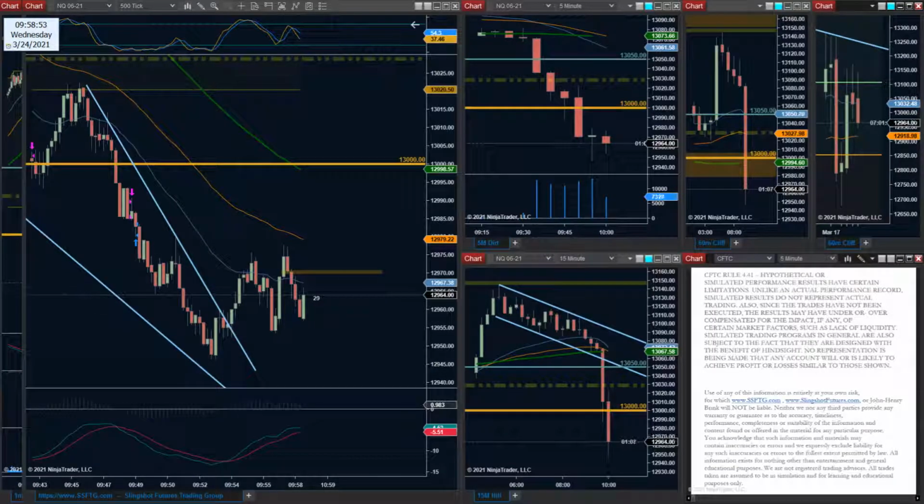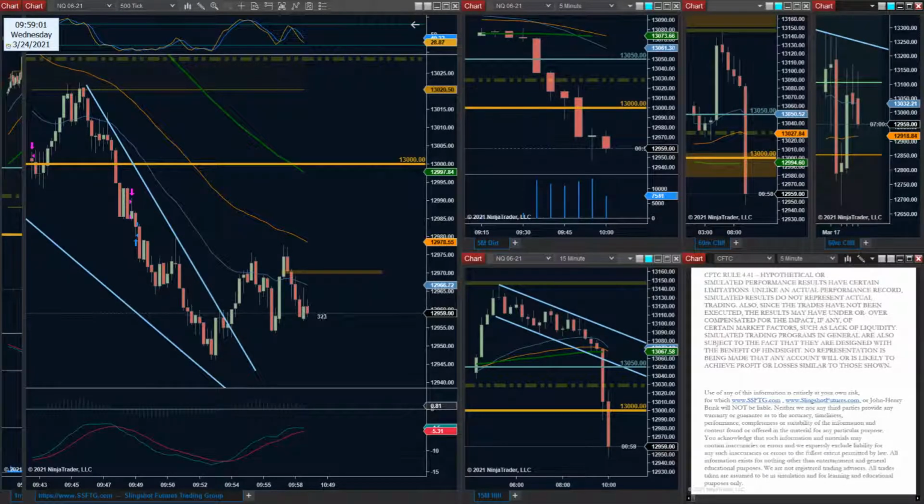I'm not really too pumped about selling into a giant bull engulfing candle, though. That's not accomplishing a whole lot.